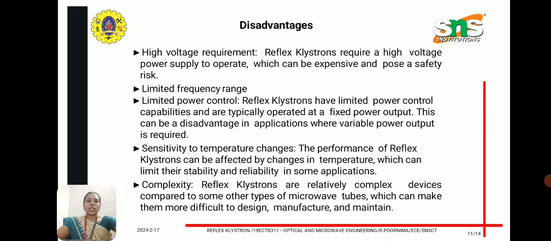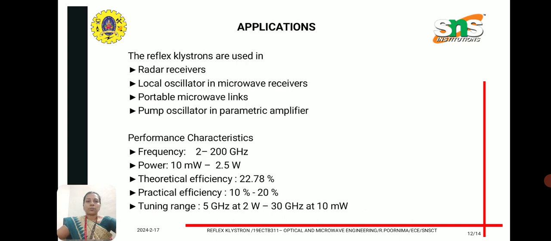Some disadvantages are that they require a high voltage power supply to operate, so they are expensive, and they pose a safety risk. They also have a limited frequency range, limited power control, sensitivity to temperature changes, and complexity.